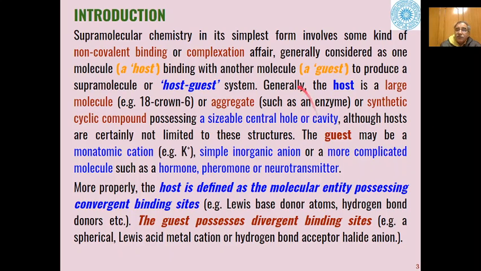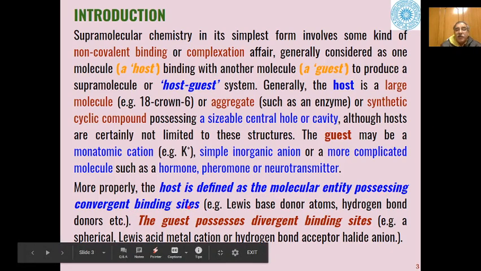And if some aggregates are acting as host, then hormones, pheromones or neurotransmitters can also act as guest. So host is defined as the molecular entity possessing convergent binding sites, whereas guest is defined as the entity with divergent binding sites. So this is the difference.